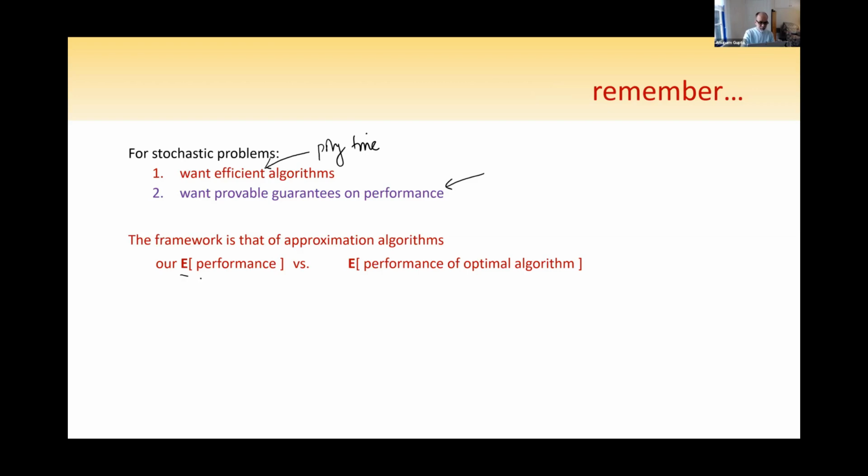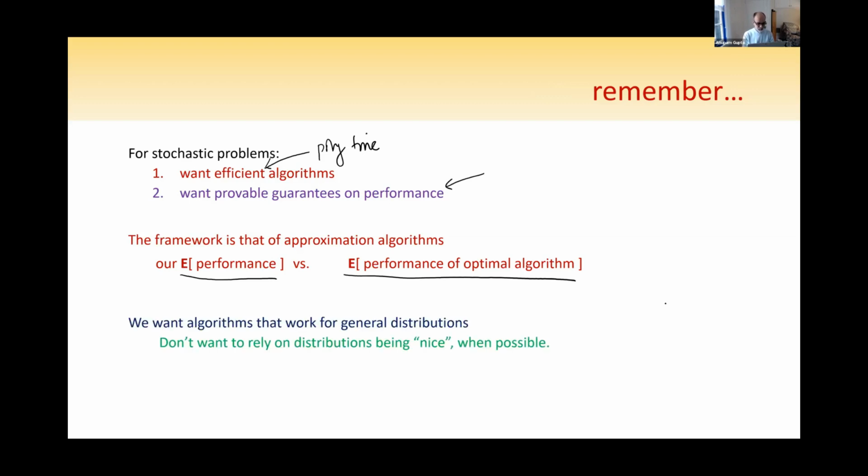We compare our expected performance to the expected performance of the optimal algorithm. Moreover, ideally, we would like our algorithms to work for general distributions, but maybe sometimes life is tough, and then we work on nice distributions, like distributions where every edge appears with probability 10% independently. But in general, I would like as general a distribution as possible.